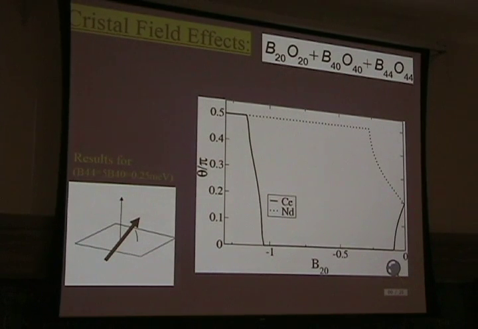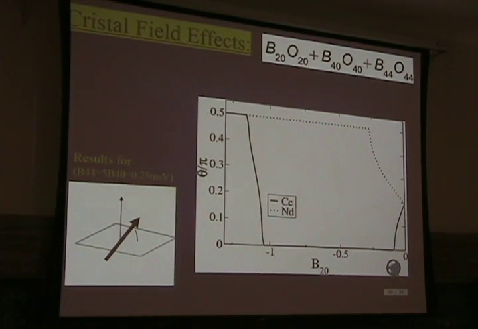When you turn on the B20, which is the tetragonal crystal field, you see that for cerium, the moment comes to the plane for reasonable values of B20 found in these compounds experimentally. And the neodymium goes to the c-axis. So that depends on the character of their J, of their rare earth magnetic moment. So that's why it is different for neodymium and cerium.